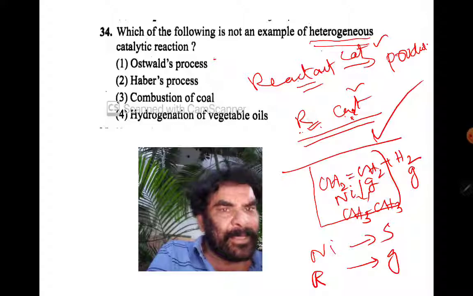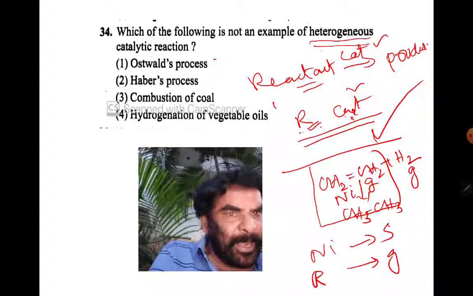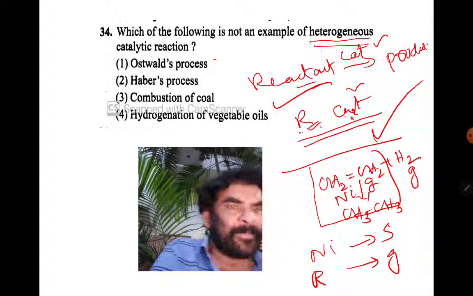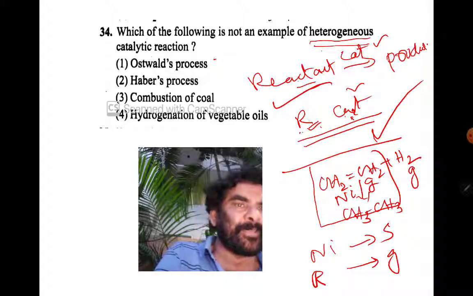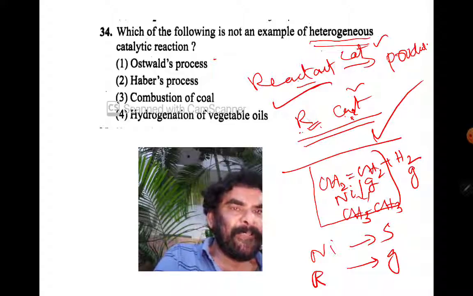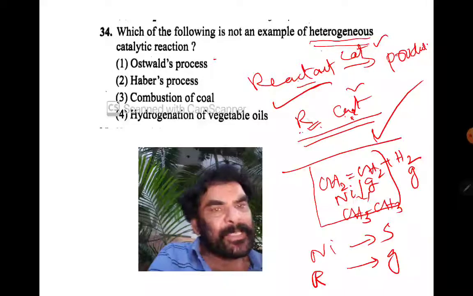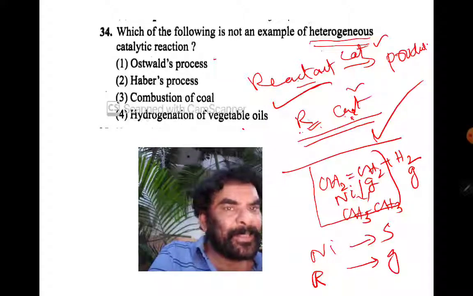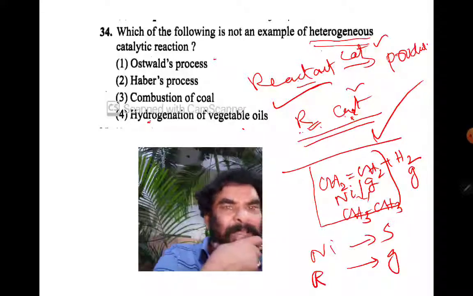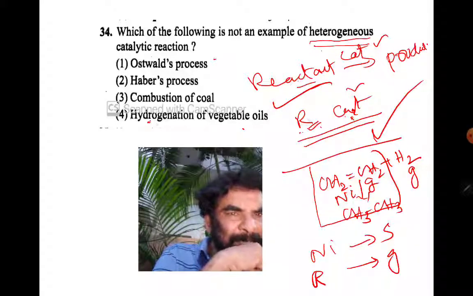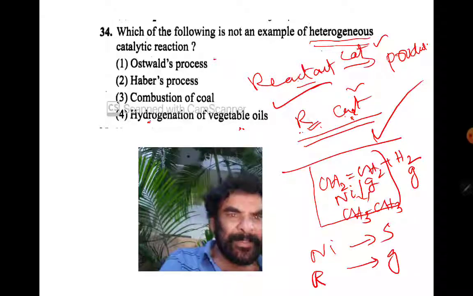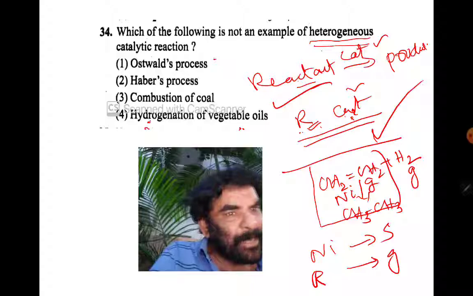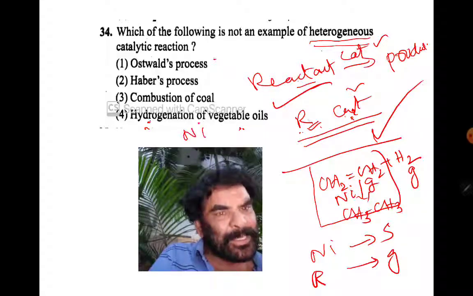Hydrogenation of vegetable oils is a heterogeneous catalytic reaction. Vegetable oil is a liquid, hydrogen is a gas, whereas nickel is used, which is a solid.